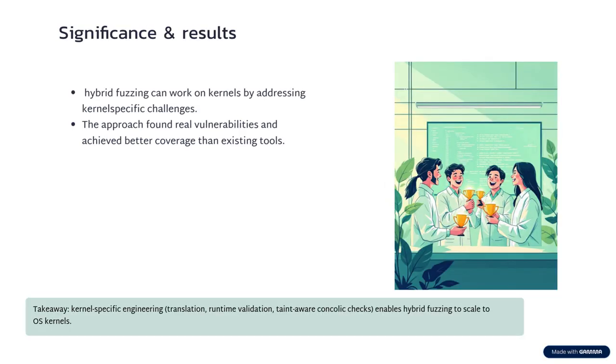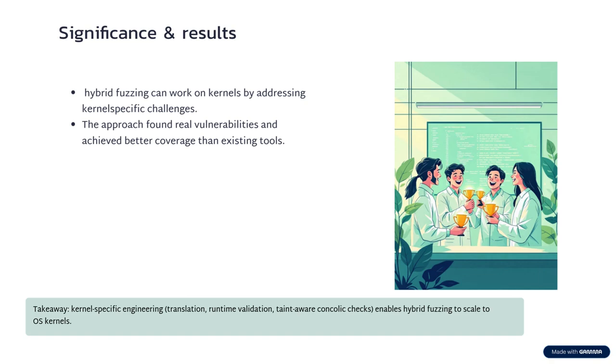So now the significance and results of the paper. Briefly, I'll discuss some of the findings. HFL discovered 24 previously unknown vulnerabilities, and 17 were confirmed by Linux developers. It achieved higher code coverage compared to some of the previous methods from Syzkaller and Moonshine.